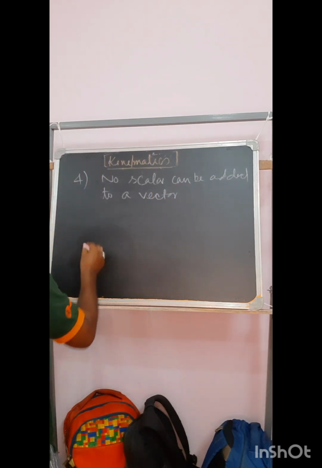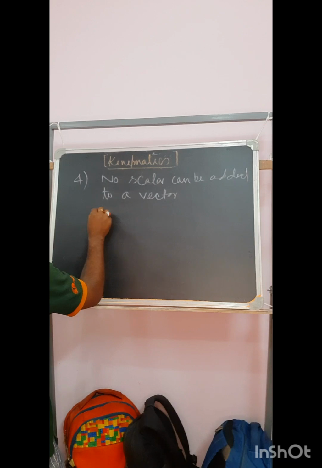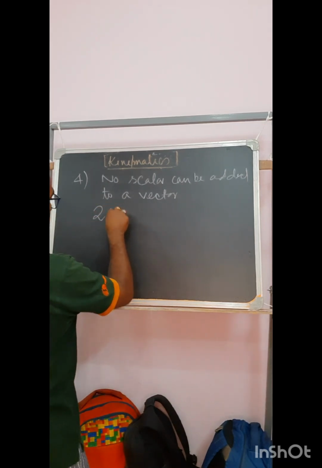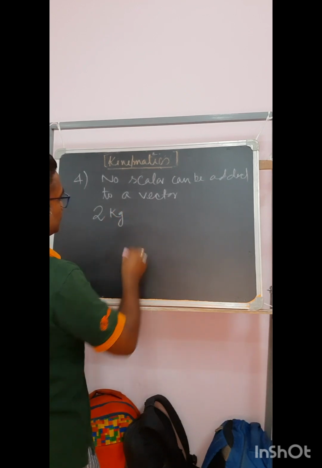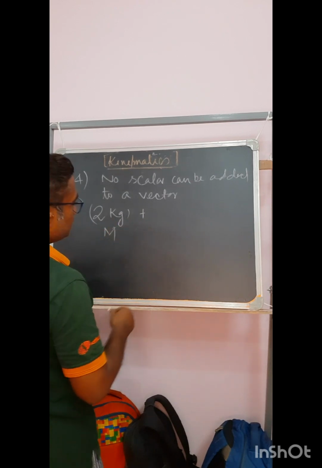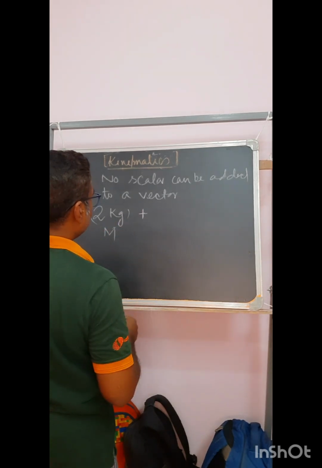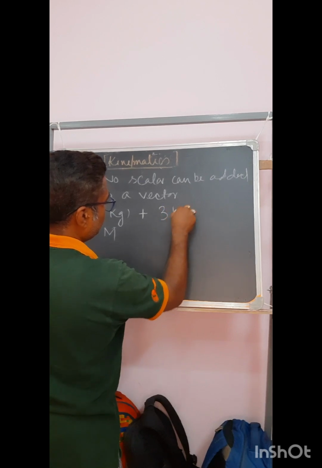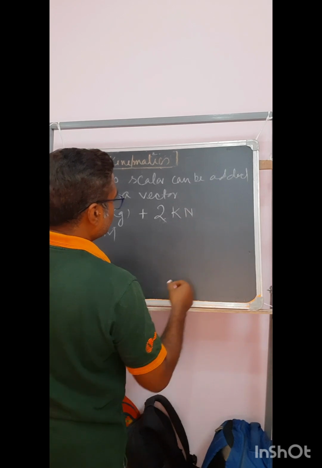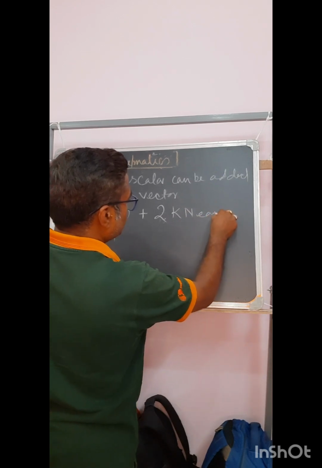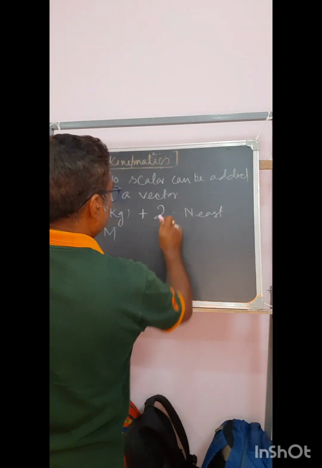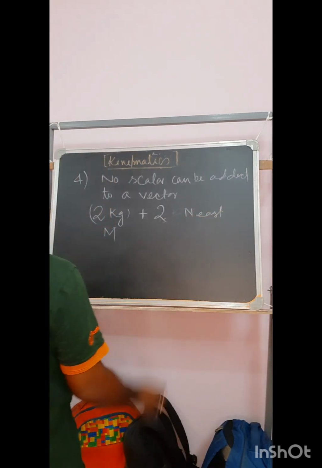A scalar has a numerical value and a unit, so 2 kg, which denotes mass, cannot be added to 2 kilonewton east, or any vector, or a Newton.